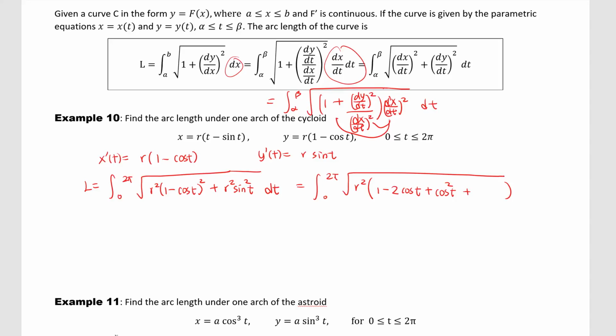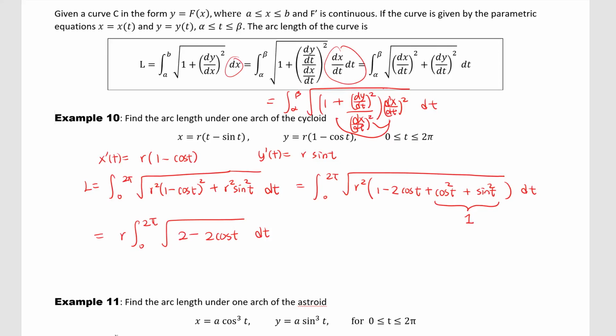Once we factor out the r squared, we just get sine squared. And do you know what sine squared plus cosine squared is? Wow, that is 1. And do you know what the square root of r squared is? Because r is a positive number, the square root of r squared is just r. So we can put the r outside of the integral. And then we have 1 plus 1, which gives us 2. So we have square root of 2 minus 2 cosine t dt.